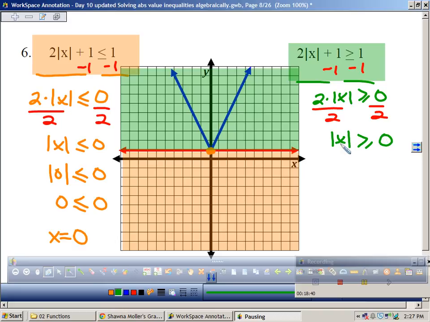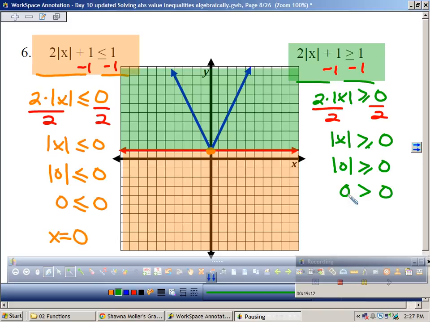Is every positive number greater than 0? Yes. Is 0 greater than or equal to 0? Yes. I was thinking of the other case. No. It can be 0 because of this equal sign. What if it didn't have an equal sign? If it didn't have this, can 0 be bigger than 0?